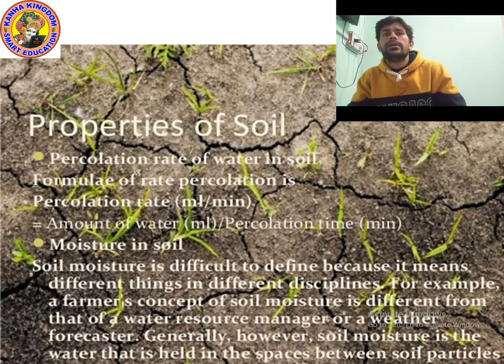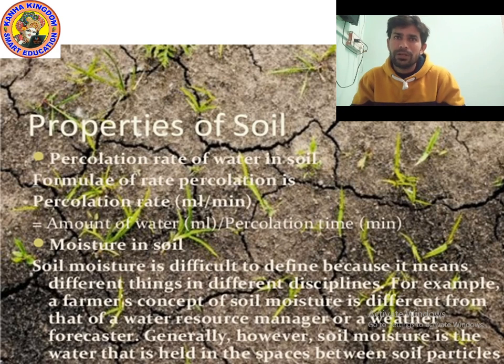Now, moisture in soil. Soil moisture is difficult to define because it means different things in different disciplines, since different moisture is present in different soil. For example, a farmer's concept of soil moisture is different from that of a water resource manager or weather expert, who has a different calculation idea.